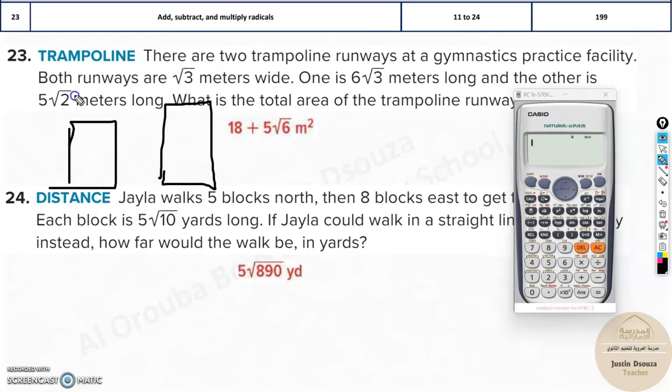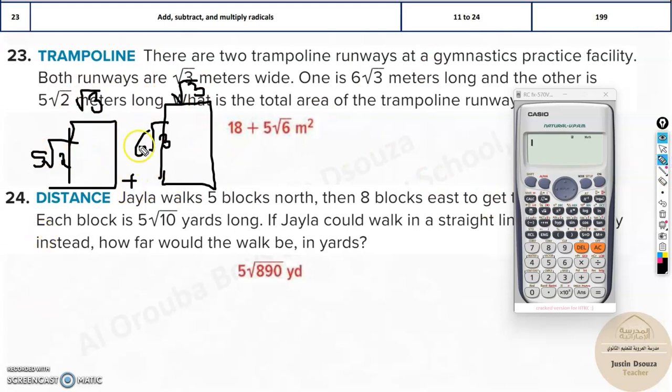They're both root 3 meters wide. This is the width. Length over here is 5 root 2 and 6 root 3. So the length varies. So you need to solve the total area. That means you need to add this.